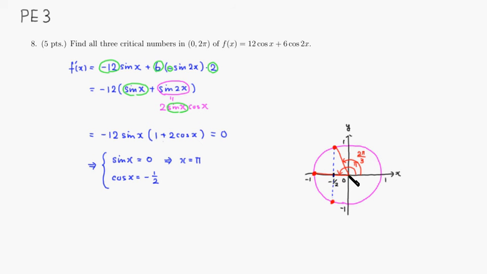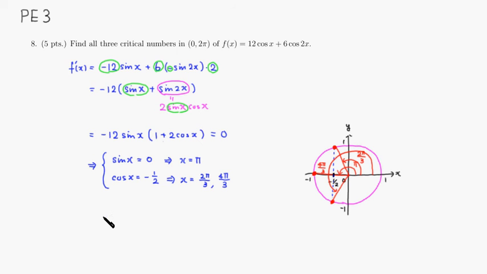And the other angle would be here. Again, this is 60 degrees, so 180 plus 60 would be 240, and 240 degrees in radians is 4 pi over 3. So therefore, x equals 2 pi over 3 and also 4 pi over 3.